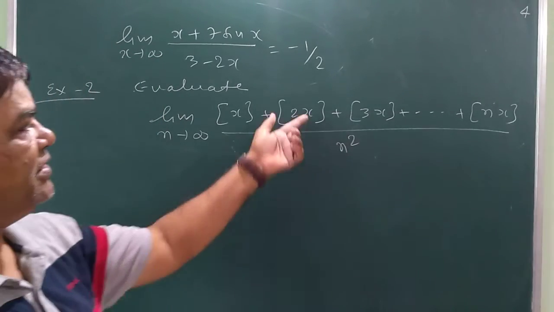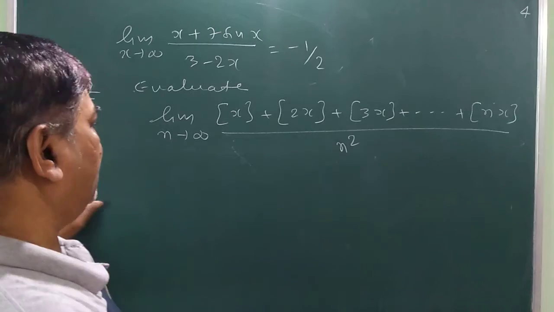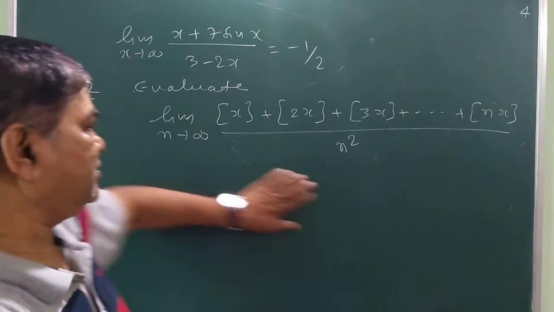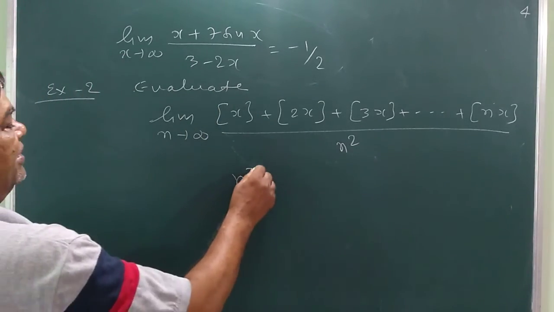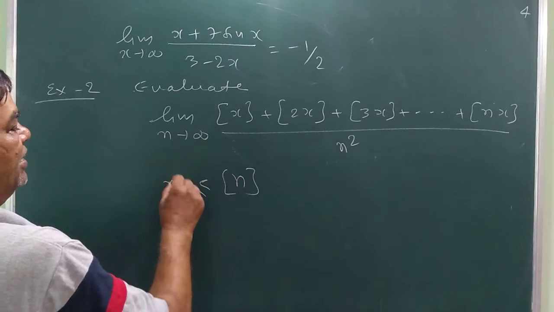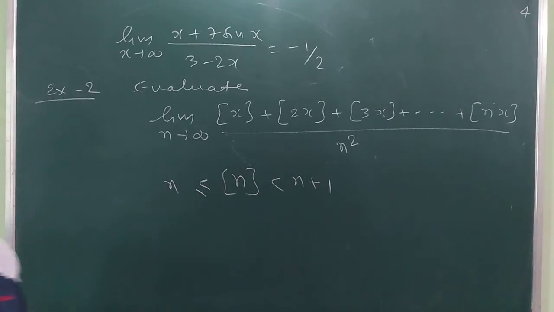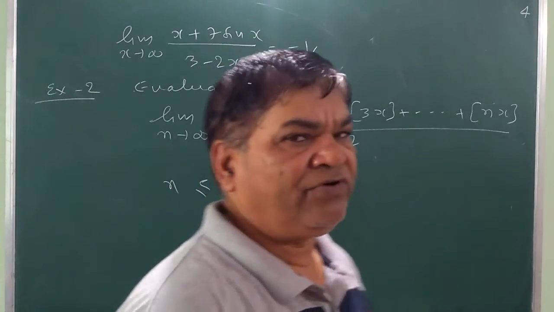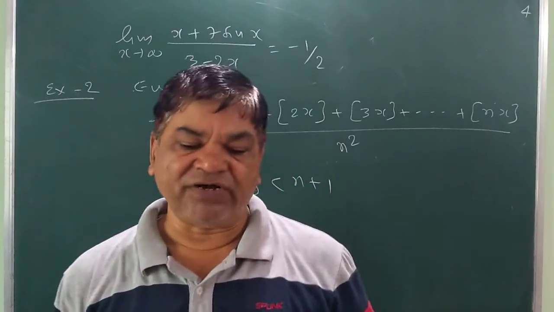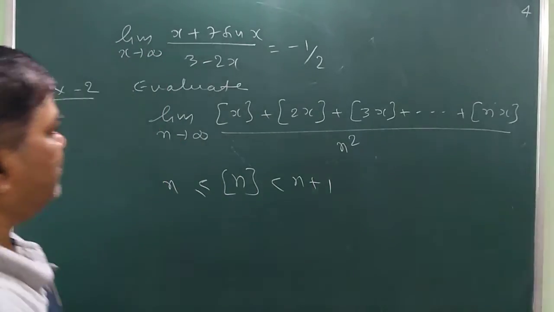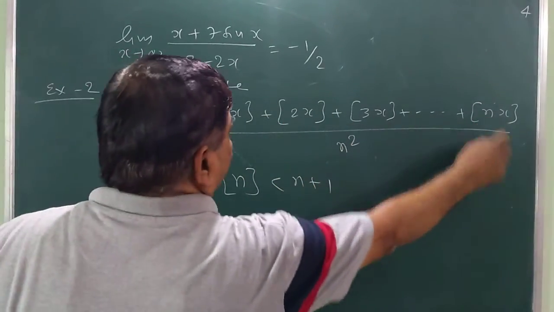We know this is the greatest integer function, and the greatest integer function is defined as [x] = n when n is less than or equal to x, less than n + 1. We define it like this. You can see part 4 of relations and functions. So here this is [nx].